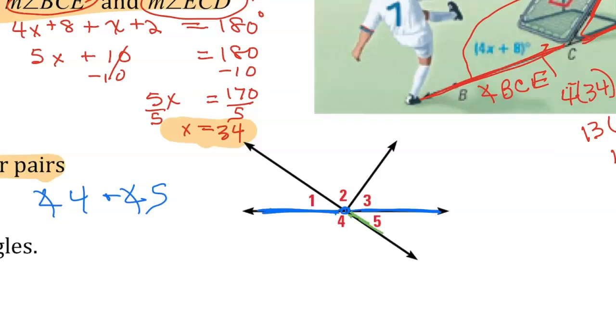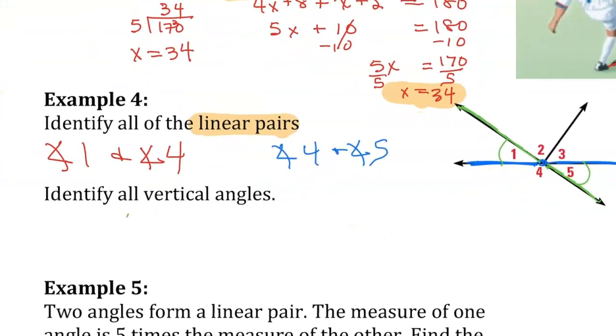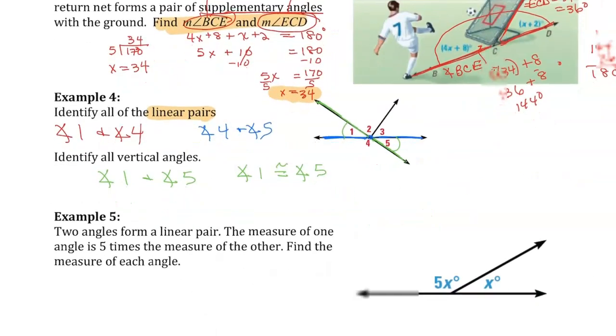Here's a ray right here. Here's its opposite. What angles share the green and the blue? Angles 1 and 5, and they're the only vertical angles. So angle 1 and angle 5. And that means angle 1 is congruent to angle 5 because that's the definition of vertical angles.